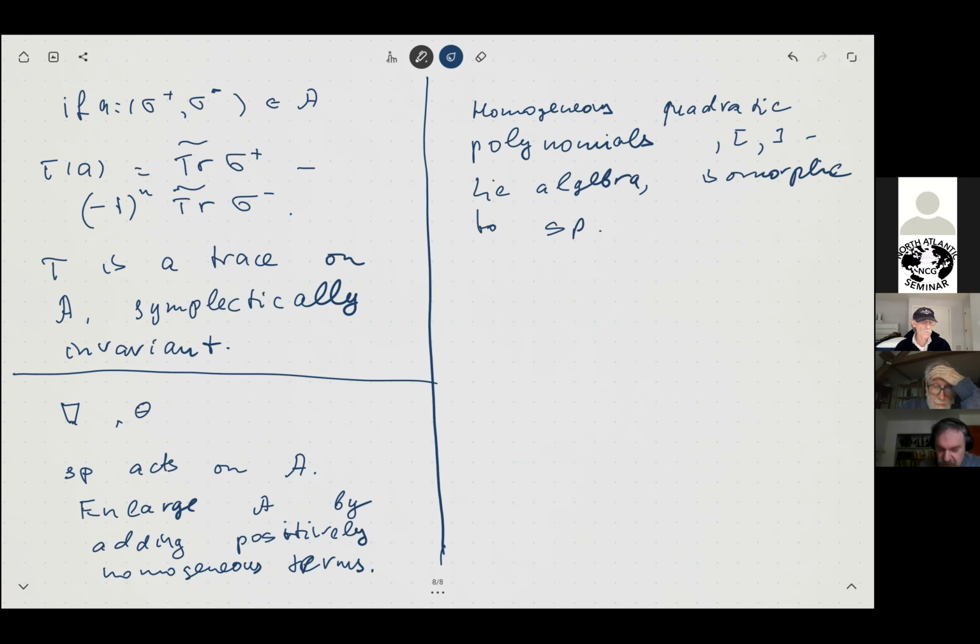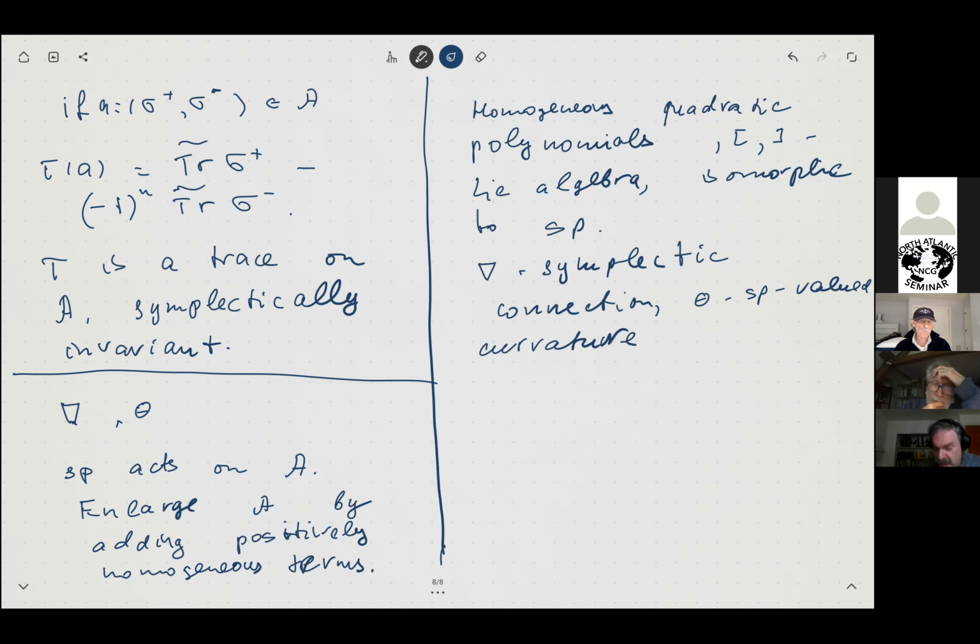So if you have nabla, which is a symplectic connection with theta, sp-valued curvature, then one immediately obtains from it a connection with values in the Lie algebra of quadratic polynomials.